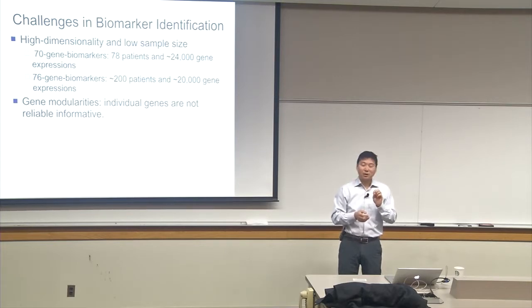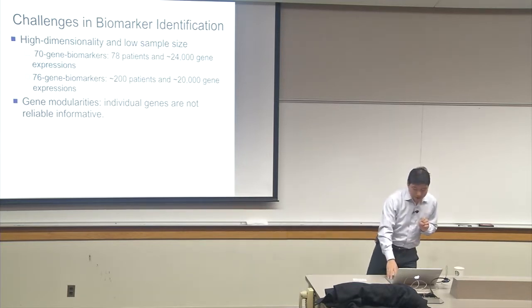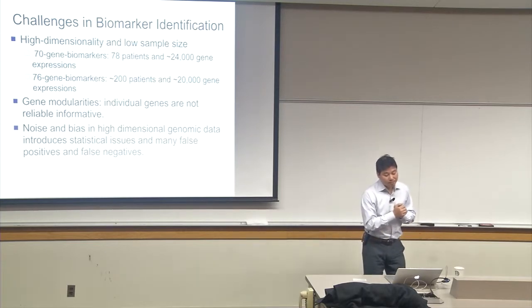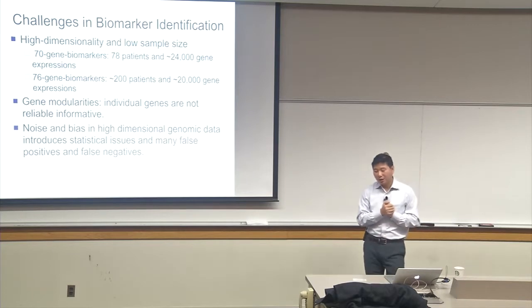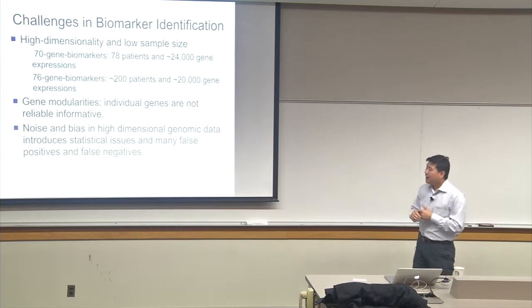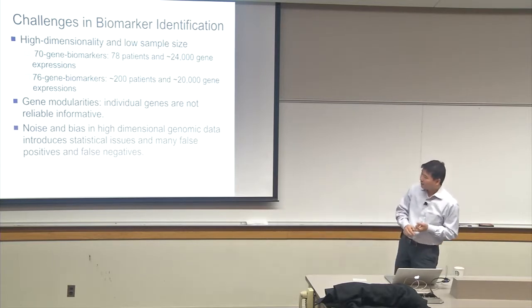And in high-dimensional data, these genomic technologies are usually highly noisy. When you have different noise on individual genes, they are not robust markers. So using these gene modules will be very important. Again, because of the high dimensionality, the noise and all the biases, you would expect a high rate of false positives and false negatives.